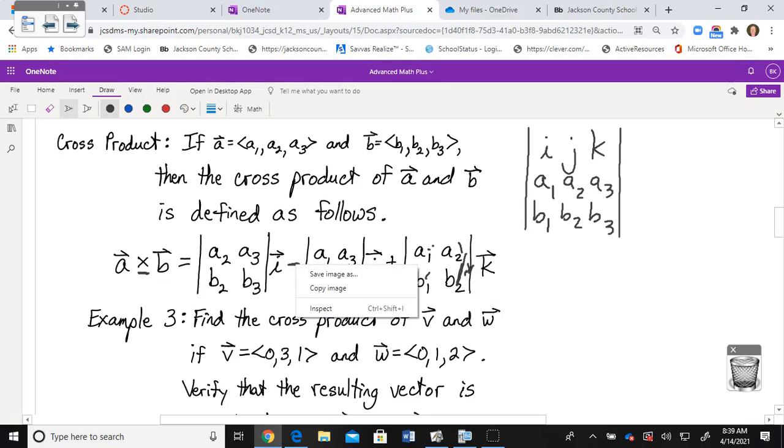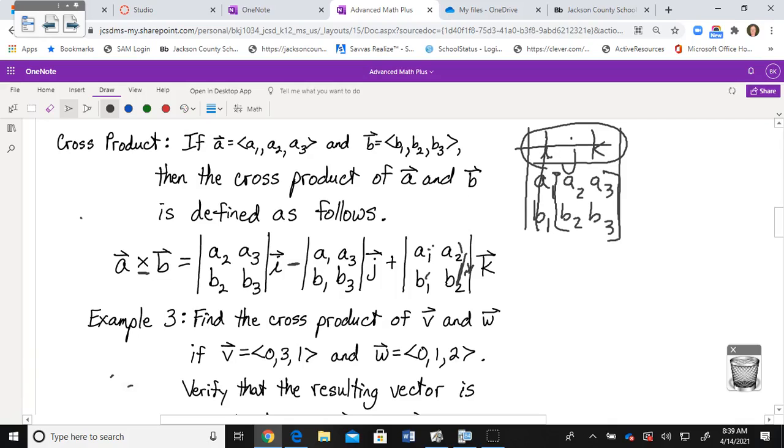And all you're doing is taking that top row, you say I times that little matrix, and that's what's here. Remember, you cross out the row and the column that one's in, and what's left is what you write down.